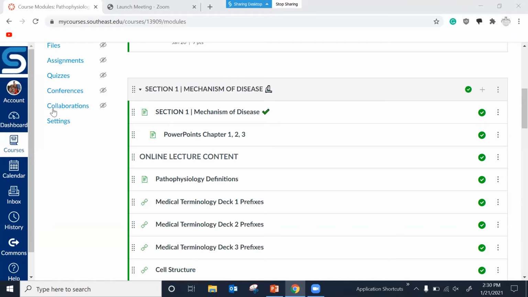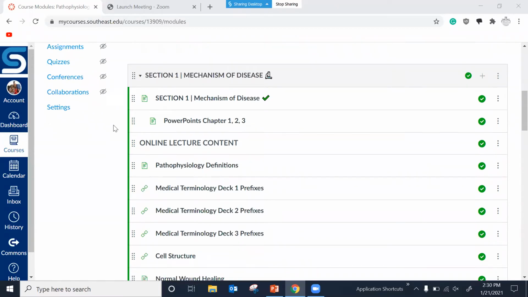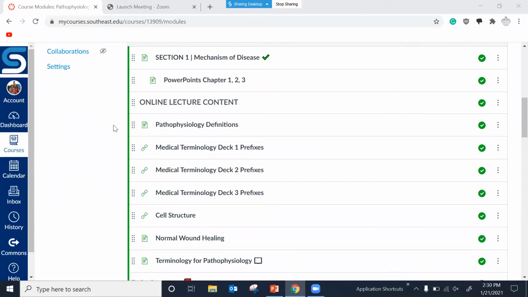So there's at least one question that is a drag and drop, I believe, where you have, I think, like 10 terms and you have to drag them to the correct definition. Those types of questions are not super difficult because you have all the words and all the definitions there.